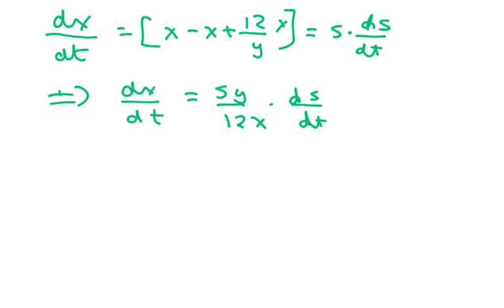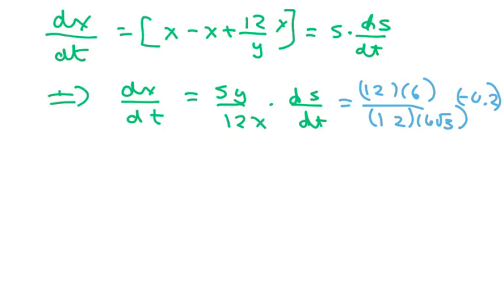Substituting, we get 12 times 6 over 12 times 6 square root of 3, times our derivative, which is negative 0.2. This gives us negative 1 over 5 square root of 3. If you rationalize the denominator, this is square root of 3 over 15 meters per second for the horizontal.